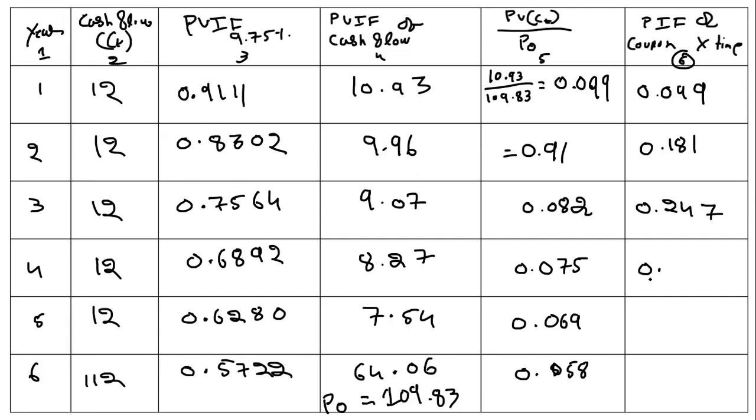Next 0.301. Next 0.343. Next 3.494. If we total it, we get the value for bond duration, that is 4.665 years. So the bond duration is 4.665 years.